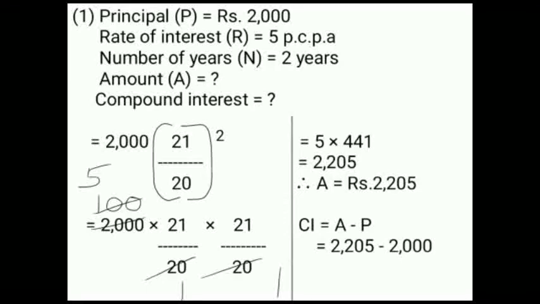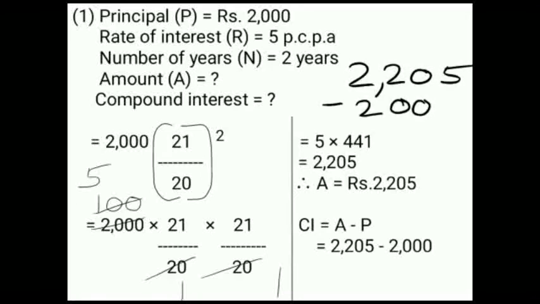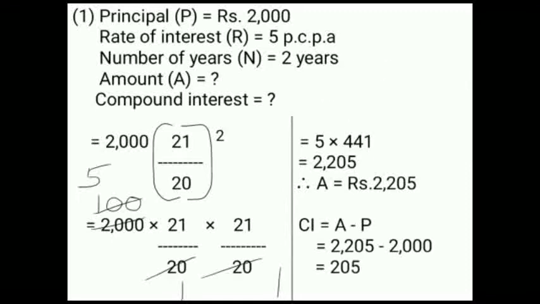Now you have to subtract 2205 minus 2000. I am getting the answer 205. Therefore, compound interest is equal to rupees 205.